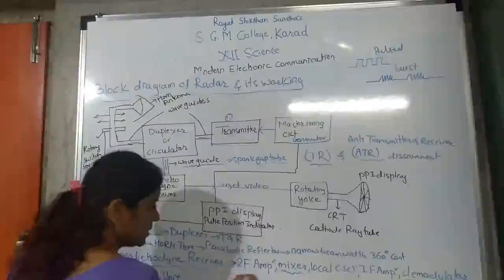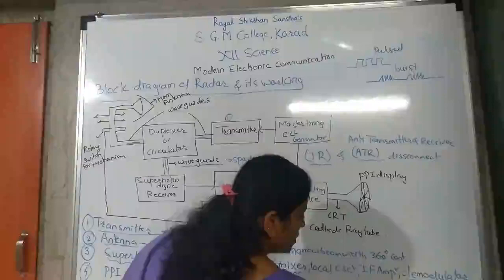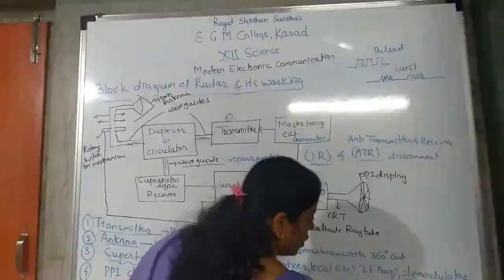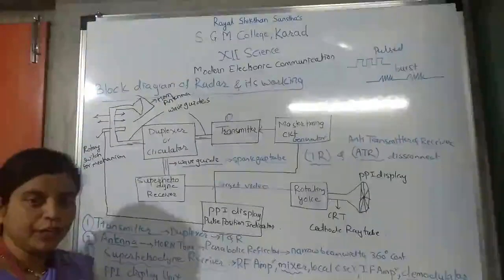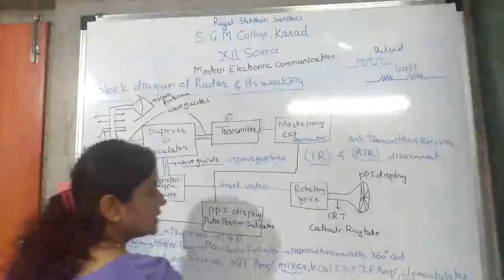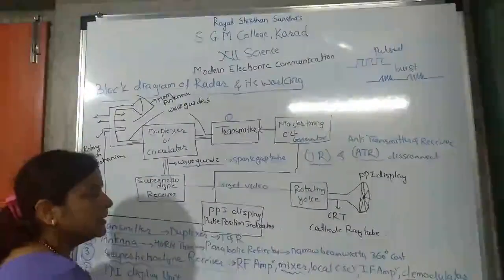Target video. The output of the demodulator circuit is given to the video amplifier, which creates the signal for display.